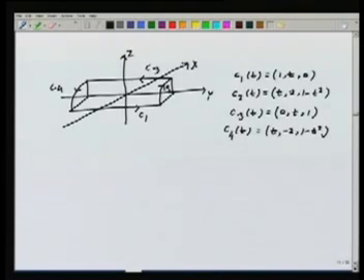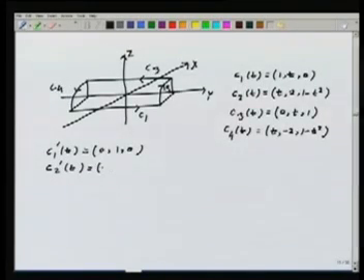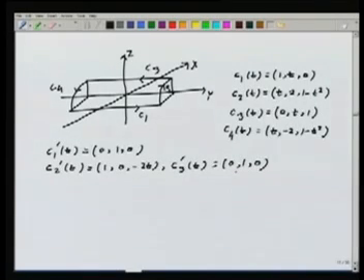Okay. Once I know all this, I can calculate primes also. So C1 prime t is (0, 1, 0), C2 prime t is (1, 0, minus 2t), C3 prime t is (0, 1, 0), C4 prime t is (1, 0, minus 2t).